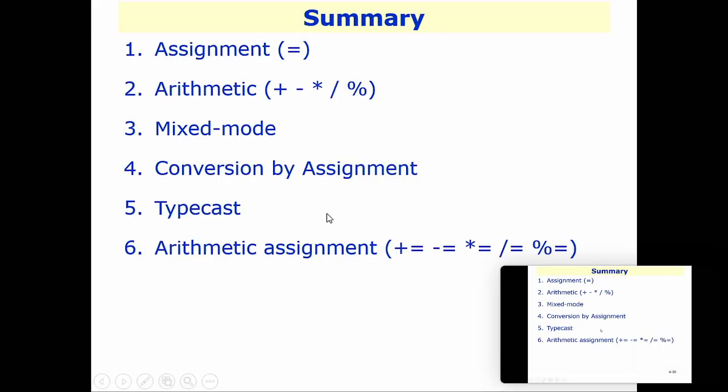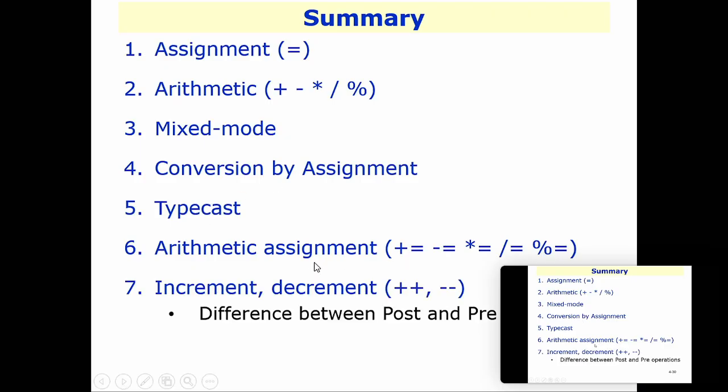Okay, then for the summary, you learned about the various operators starting from the assignment, the equal sign. For the assignment, the most important part is that the right-hand side is assigned to the left-hand side. So you cannot have an operation on the left-hand side. Then, all right.